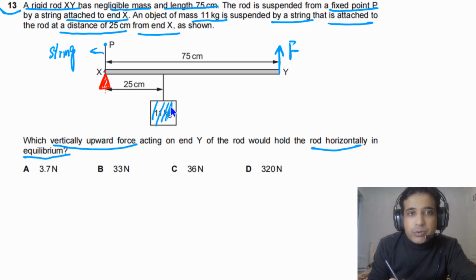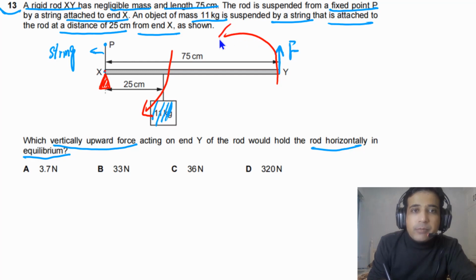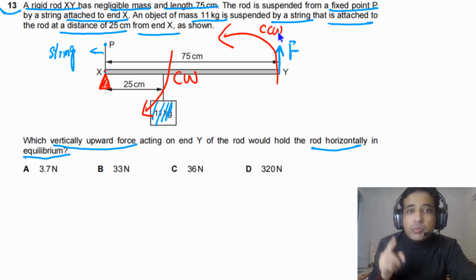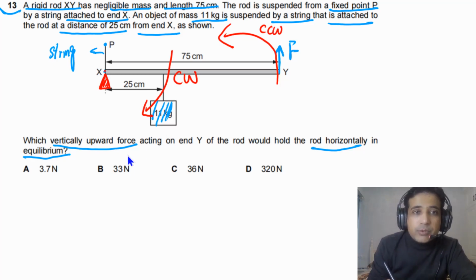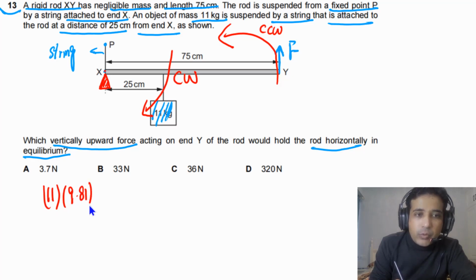So if we take moment about this end, the net moment has to be equal to 0. The moment due to this one will be clockwise, and the moment due to this one will be anti-clockwise, and these two moments have to be equal. So in this case, simply we can say the moment due to this one, we have mass that is 11 kg and we need to multiply with 9.81, and the distance in this case is given to you, this is 25 centimeters.